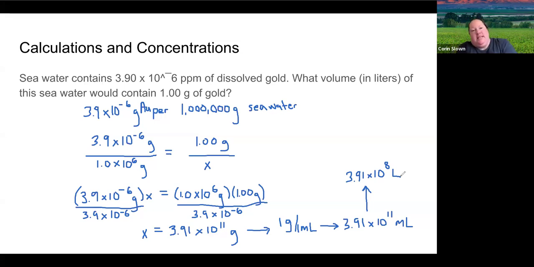But that's the process that I would use, where if I was given ppm and I had to work backwards to figure out what the amount in grams is, and then how do I use that amount in grams to figure out volume. The reason I think it's super important to have familiarity and comfort working with ppm or ppb is that increasingly there are any number of chemicals where exposure is very limited, but can still cause significant harm.